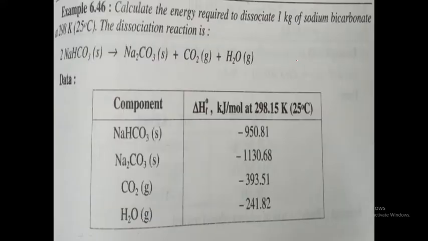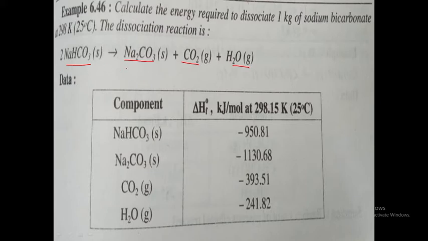So the next problem: calculate the energy required to dissociate 1 kg of sodium bicarbonate at 298 Kelvin. The dissociation reaction is 2NaHCO3 gives Na2CO3 plus CO2 plus H2O. How many reactants and products are there?